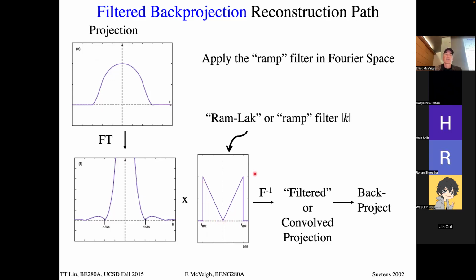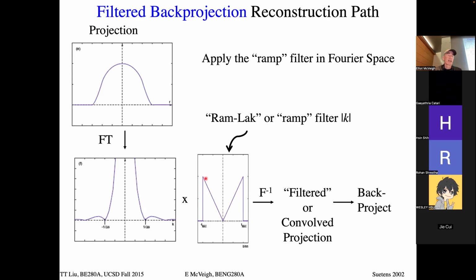And then here's our ramp function. This is often called a ramp function because it looks like a linear ramp, or the Ram-Lak function after the two guys who came up with this method of reconstruction.